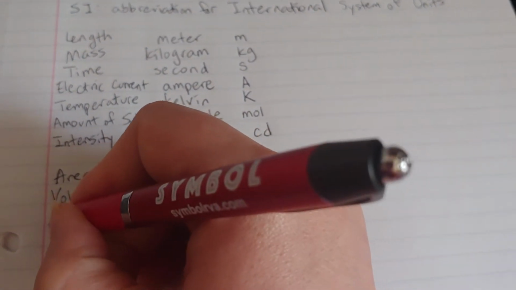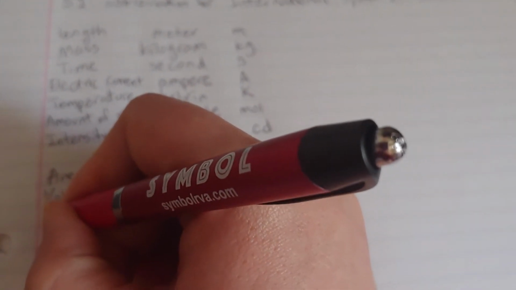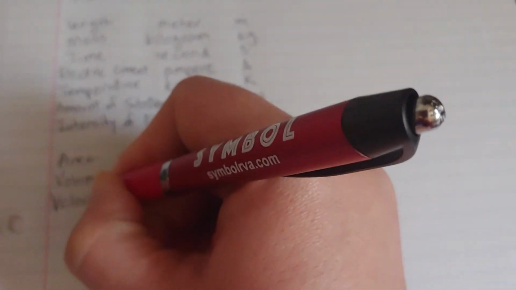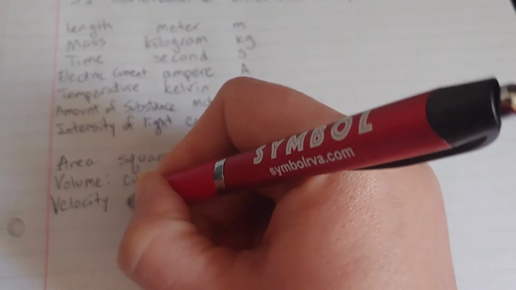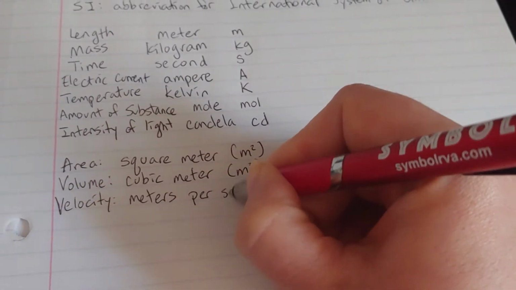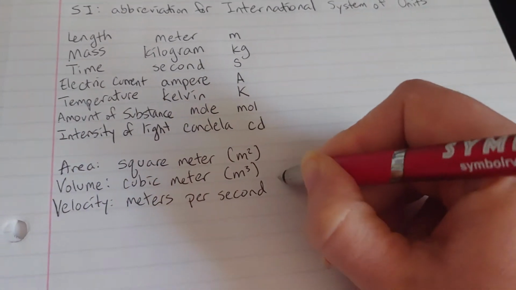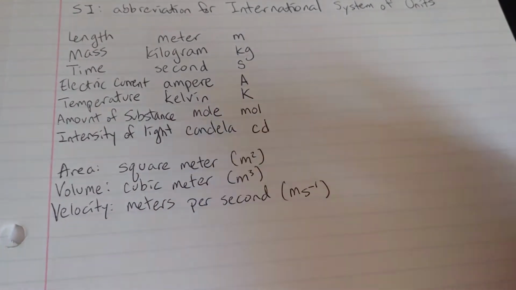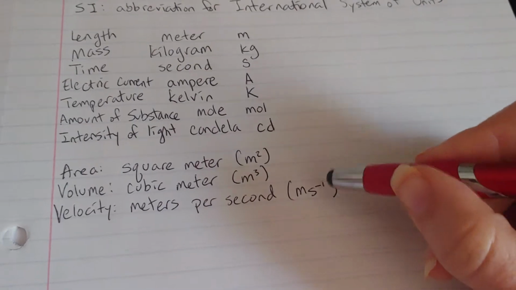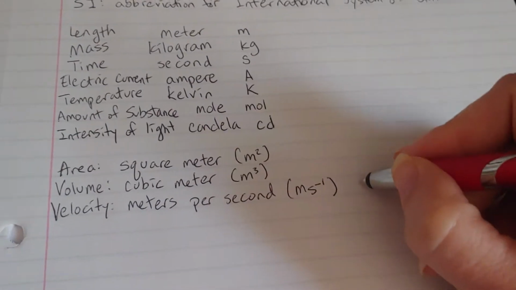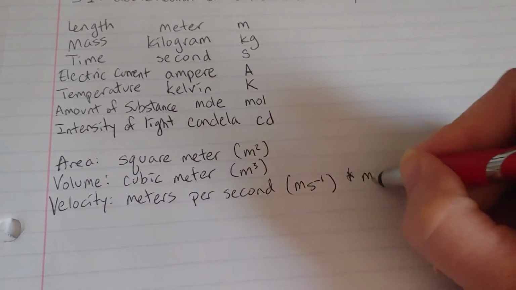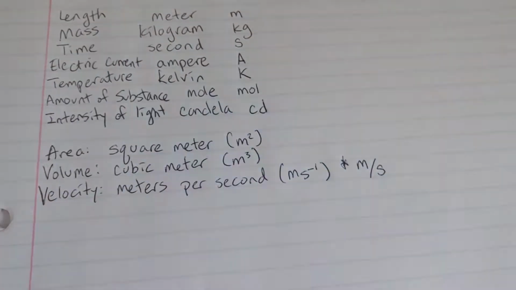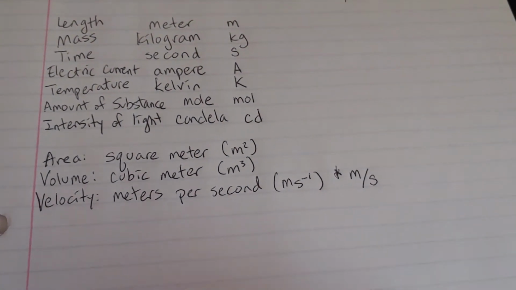Meters per second would be speed or velocity. And this is m s to the -1. Now, we know that a negative exponent would place something on the bottom of a fraction, so that is the same thing as m over s, meters per second.